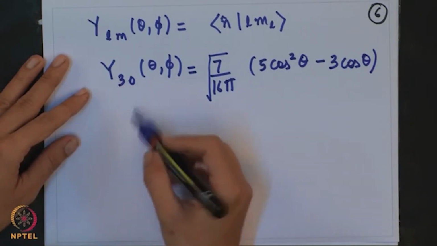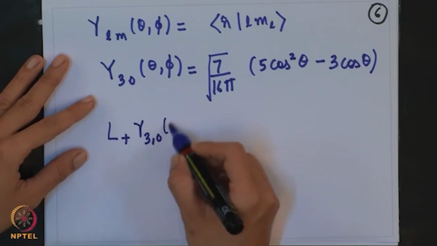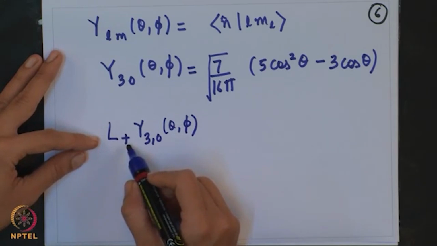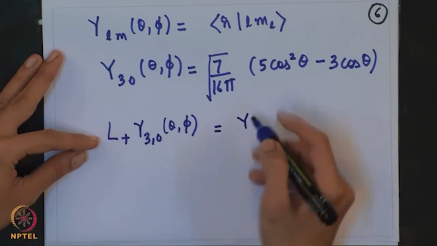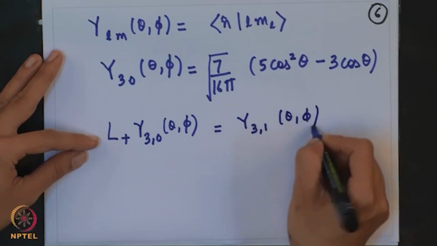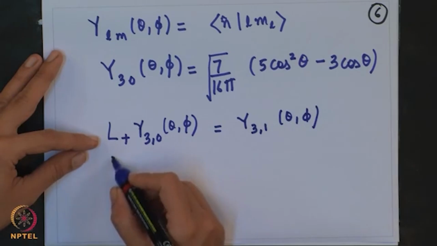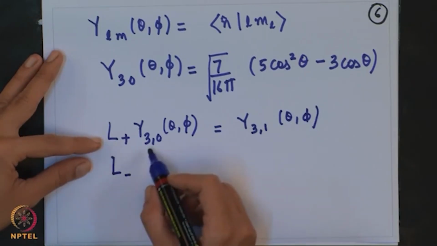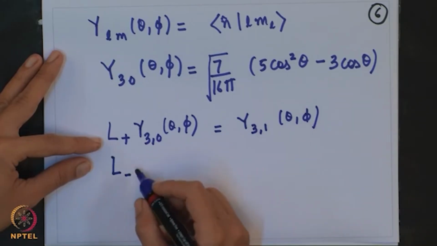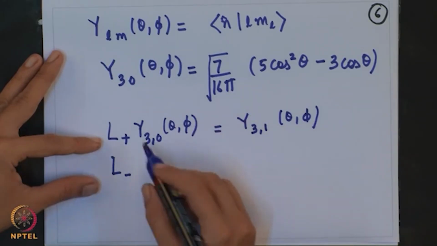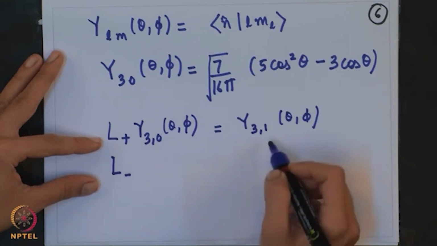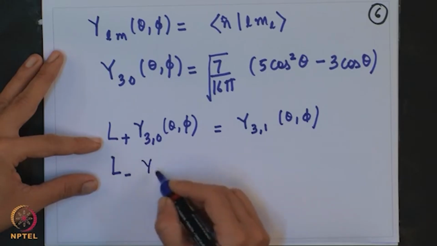So if I want to go from y30, when operated on by L plus, we can obtain y31. Similarly, if I go from y30 to y3 minus 1, when the quantum number m changes from 0 to 1 or 0 to minus 1, you will use the ladder operator.